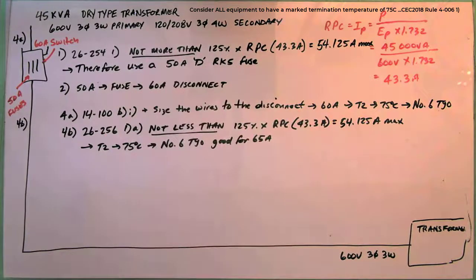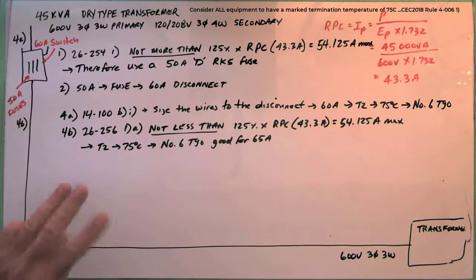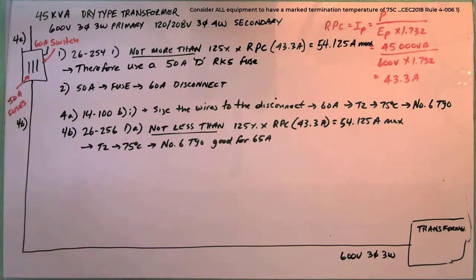There's only three transformers: there's a high voltage over 750 volts, there's other than a dry type, and then there's a dry type less than 750 volts. That's the three transformers that are available in the industry, other than all the other liquid filled ones and stuff.